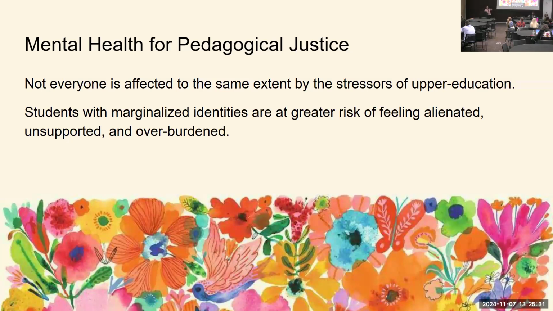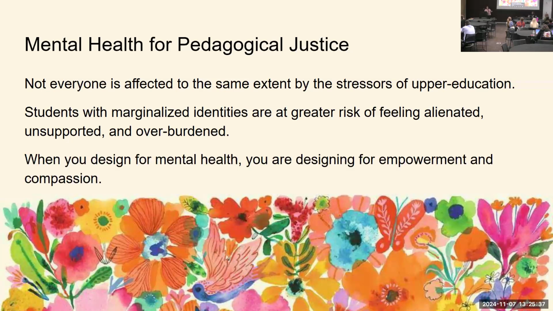The stressors of upper education are more likely to have an effect on students who are marginalized and oppressed. And so when you design for mental health, you are designing generally for empowerment and compassion, which in turn helps to support the well-being, especially of those who are at most risk of being hurt by their environment. There you go.